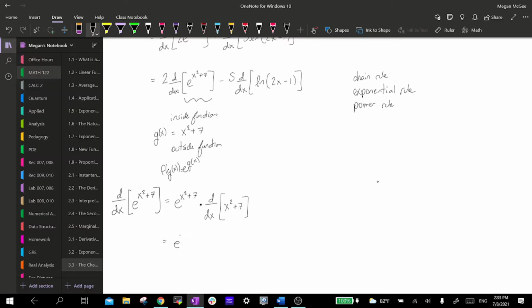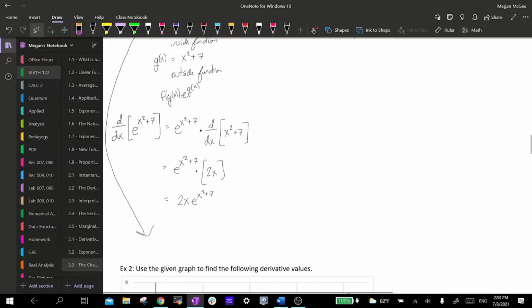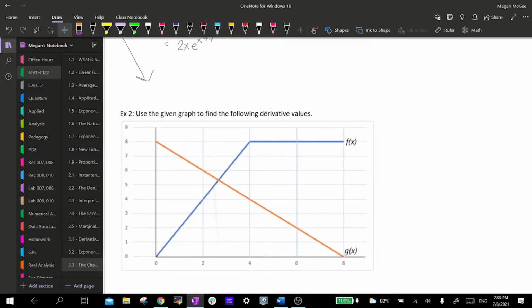So we have e to the x squared plus 7 multiplied by, well, the derivative of 7 is 0, and the derivative of x squared is just 2x. So we end up with 2x e to the x squared plus 7. And this is just a piece of the puzzle. I'm going to bring this down here. Wow, I need so much more space.